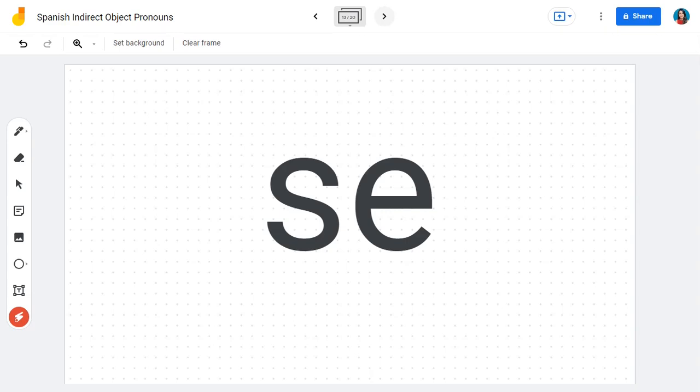Now se, okay. Se is an indirect object pronoun as well. And se has the same usage and meaning of le and les. But what happens?